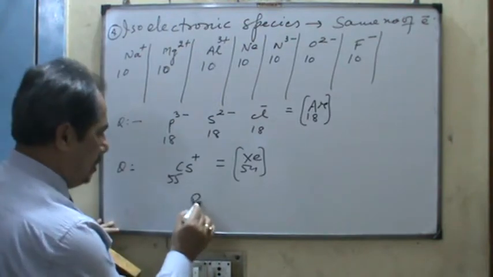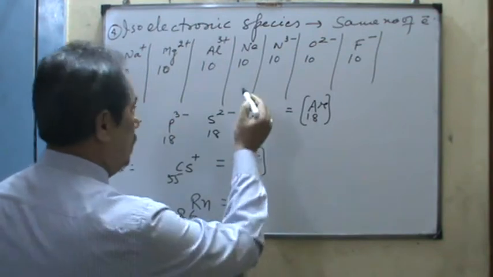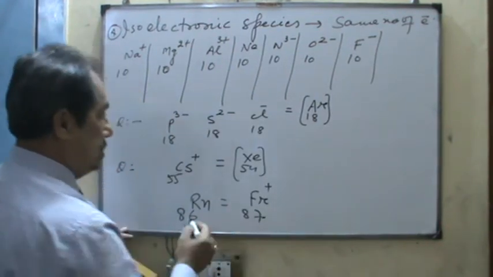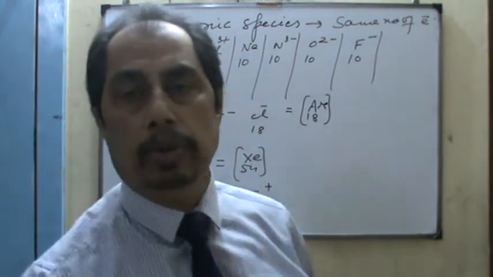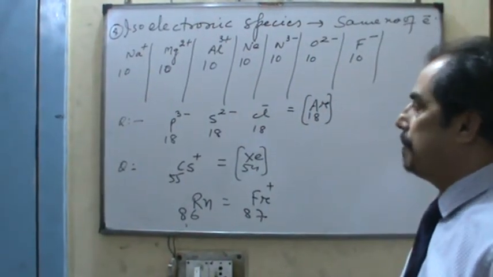Similarly, radon 86 is isoelectronic with francium 87 positive. This way you can solve many more questions based on isoelectronic species.